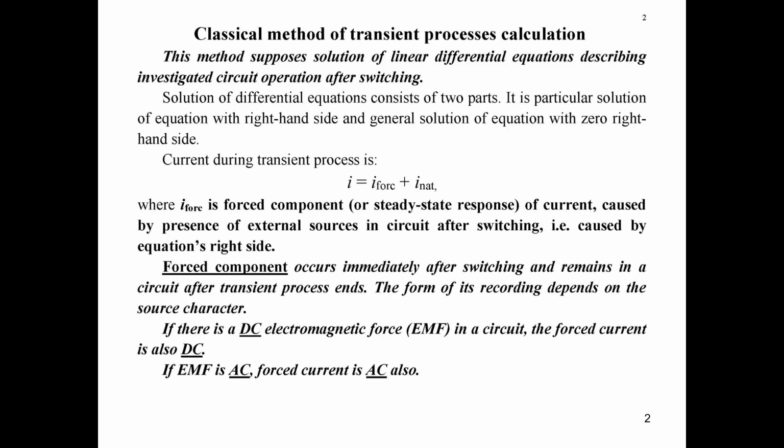If such a source is a DC electromotive force, its EMF, and it is direct, the forced component is also DC. If the EMF, which is connected to the considered circuit after commutation, is AC, the forced component will be AC also.